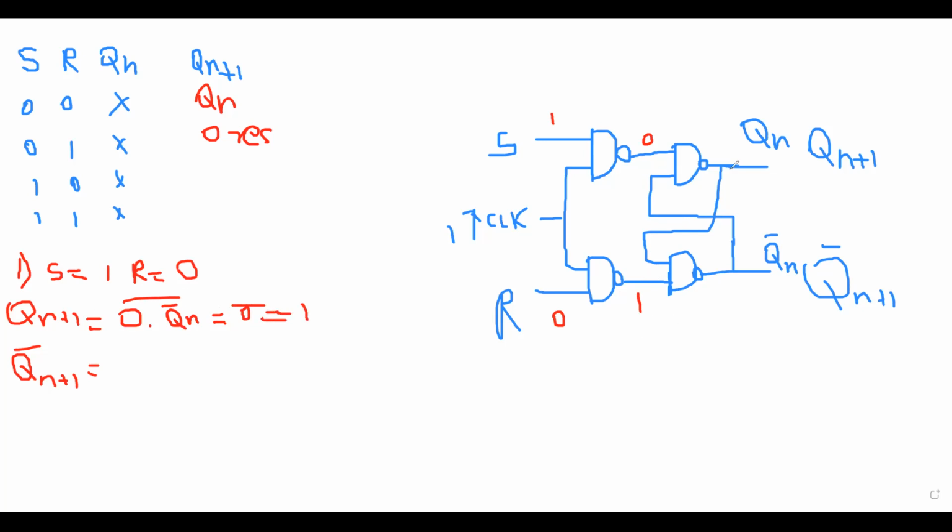Then 1 into Qn whole bar is equal to Qn bar. So I get 1 for Qn plus 1. It is set.